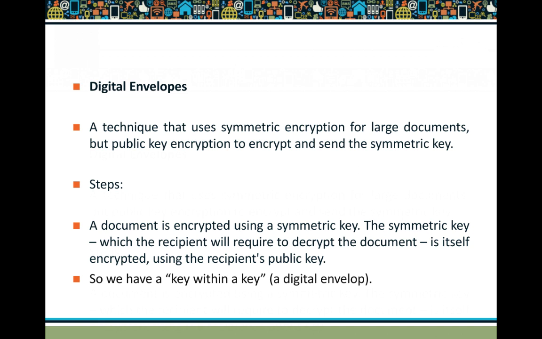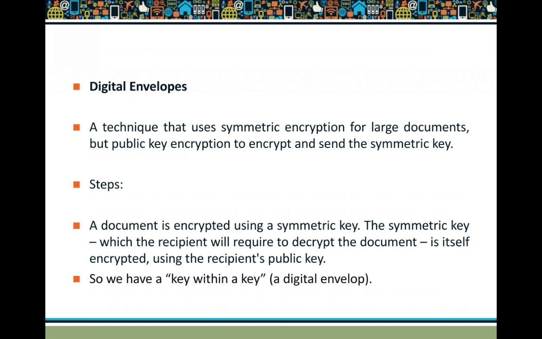A document is encrypted using a symmetric key. So both the sender and the receiver will be using the same key for encryption and decryption. The symmetric key which the recipient will require to decrypt the document is itself encrypted using the recipient's public key. So since public key encryption is used to protect the symmetric key, the symmetric key is again encrypted by using the recipient's public key.